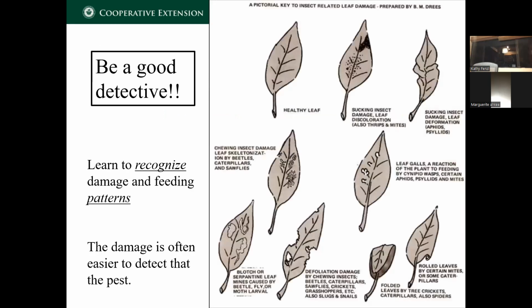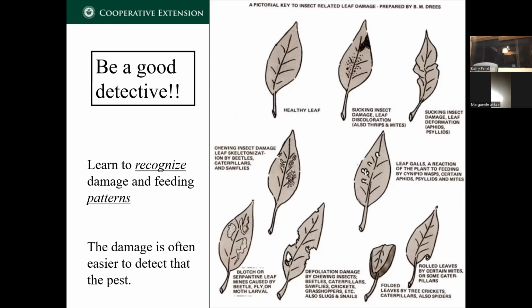So we want to be a good detective, and these are just some examples. If you're seeing damage on the leaf, you can match that up to the various causes. So in many cases, we're looking at insect pests, for example, and the different types of mouth parts that they have will cause different types of damage based on their feeding.